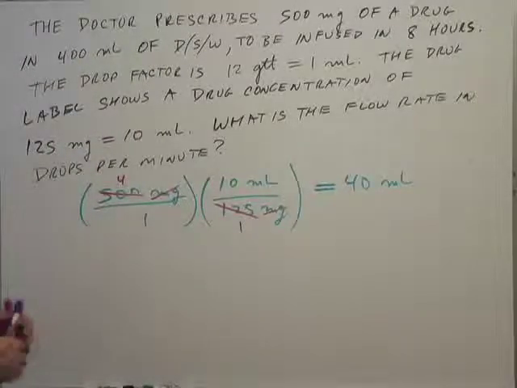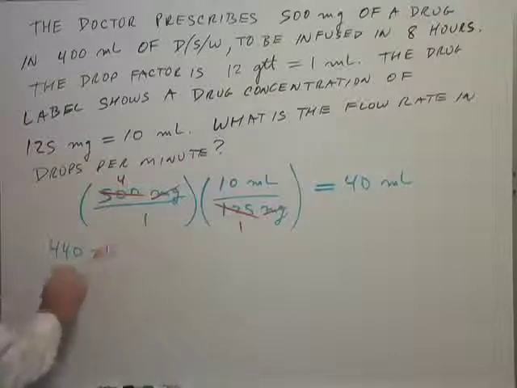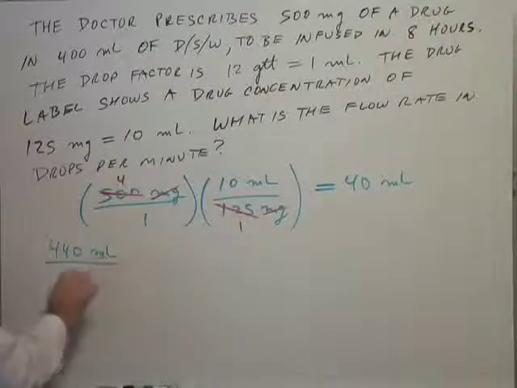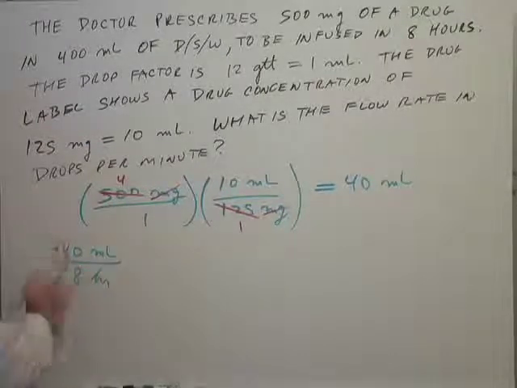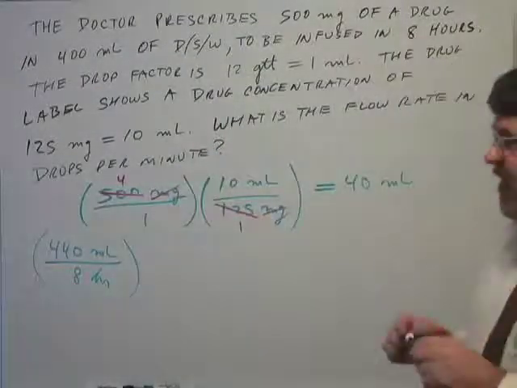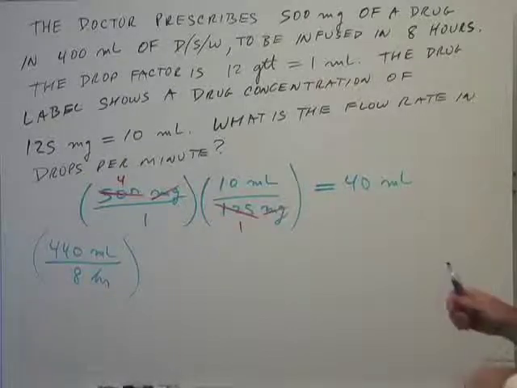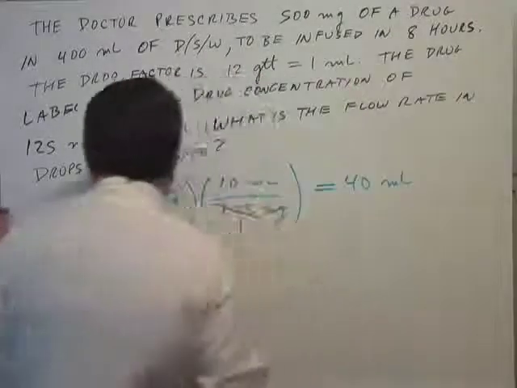So now the flow rate is going to be 440 milliliters in 8 hours. Not 400, but 440 milliliters in 8 hours. Now, we want to know the flow rate in drops per minute, so now we're going to bring in the drop factor. And I want drops on top, so I'll put 12 drops over 1 milliliter.